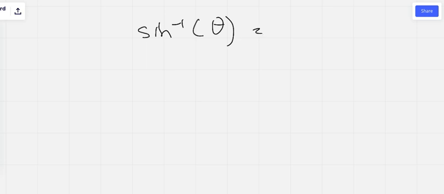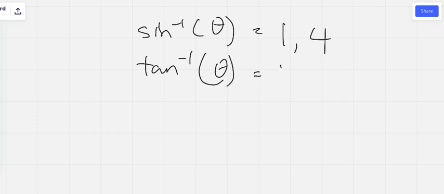Okay, right now let's go back and sum up everything. The sine inverse graph only appears in quadrants 1 and 4, and so does the tangent graph.